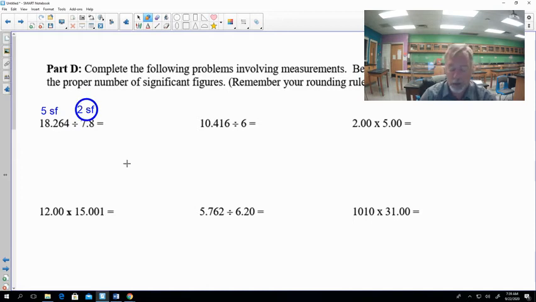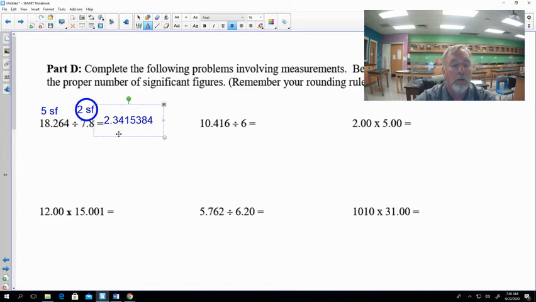So if you plug this into your calculator, let's try this. 18.264, I'm going to divide that by 7.8. You get 2.3415384. Wow, lovely long number. Move that over a little bit so it's easier to see. All right, we're only allowed 2 sig figs here.